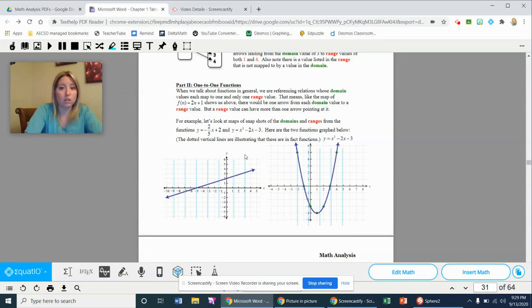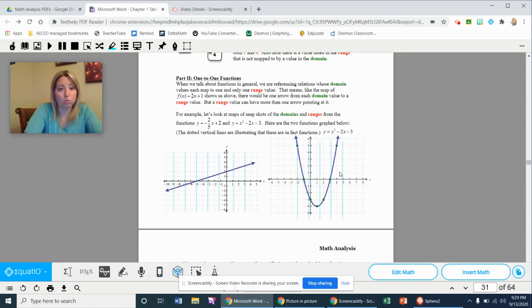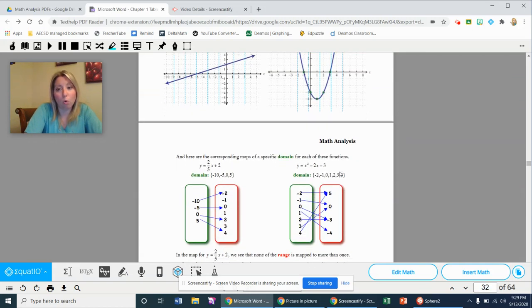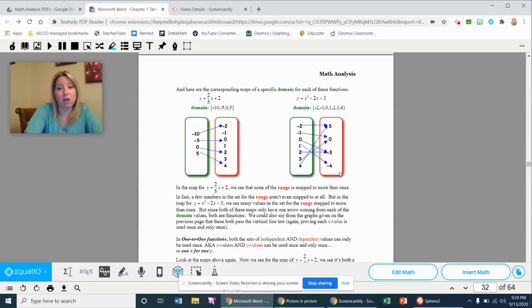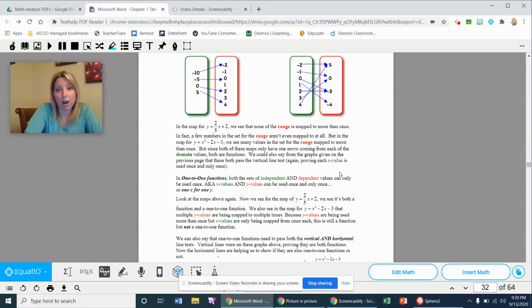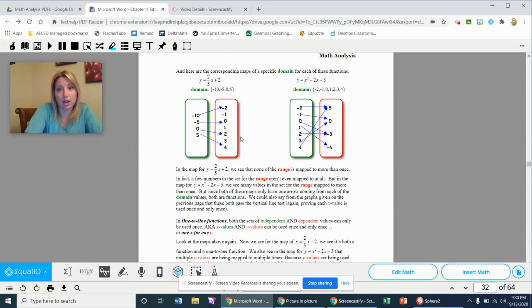One-to-one functions have one X for one Y and one Y for one X. Y values aren't repeated either. So for one-to-one functions, you don't repeat Y values or X values. So they're already functions. No X value is being repeated, but they also do not have a Y value repeated. So we can see that right here.